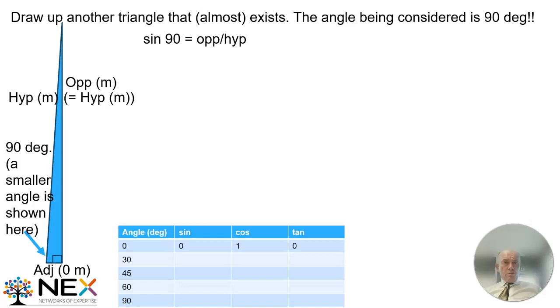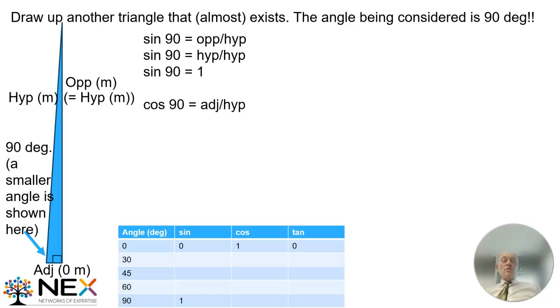Sine of 90 is opposite over hypotenuse, which is hypotenuse divided by hypotenuse, and that gives us 1, so we can post that. Cosine of 90 is adjacent over hypotenuse, which will be 0 divided by a non-zero, which is 0. We'll post that.